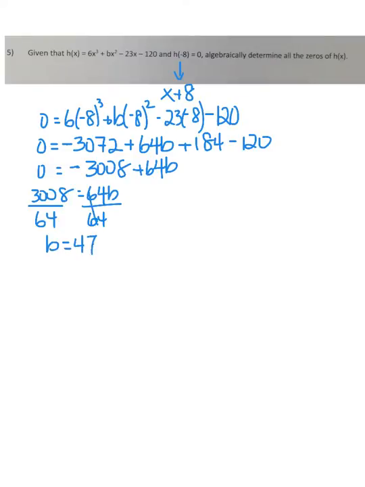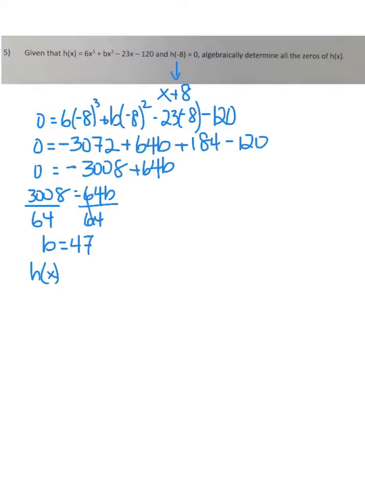Okay, now that hasn't really helped me to directly find the answer, but we're on our way, because now I know that h of x is equal to, oops, hold on one second here.